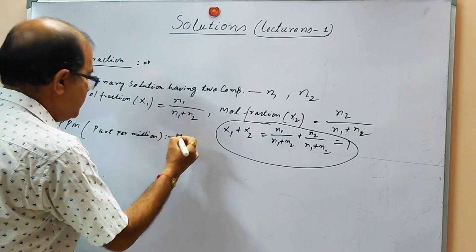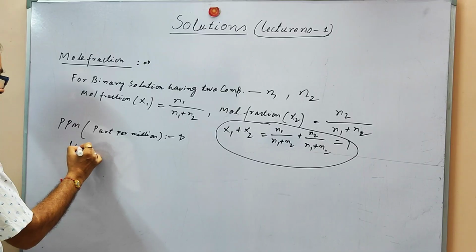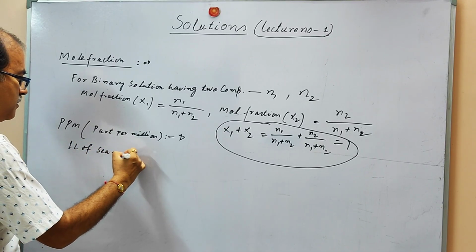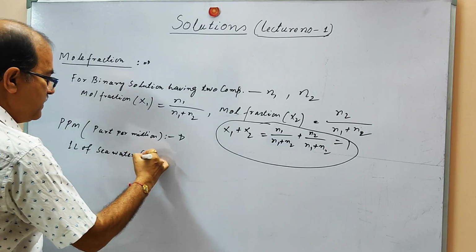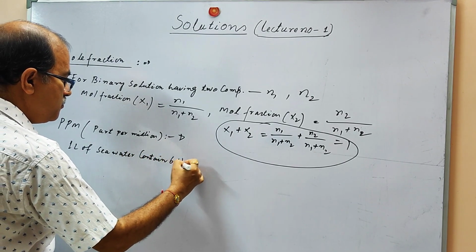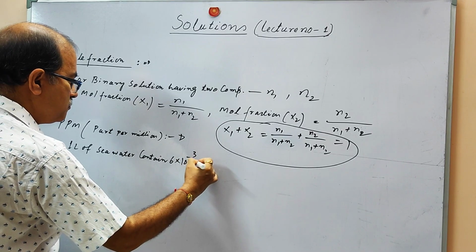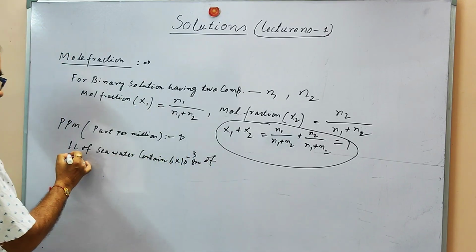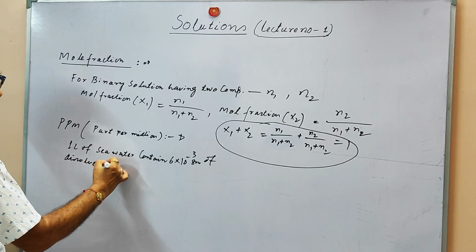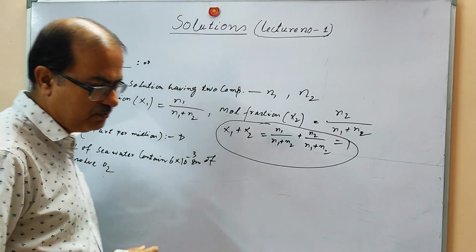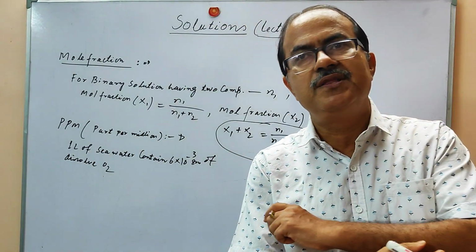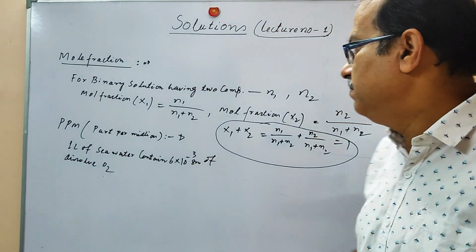For example, 1 liter of sea water contains 6 into 10 to the minus 3 grams of dissolved oxygen. This is a very small amount. For such small amounts, the term ppm, parts per million, has been introduced.